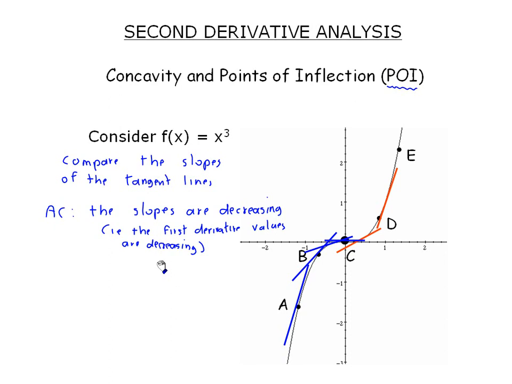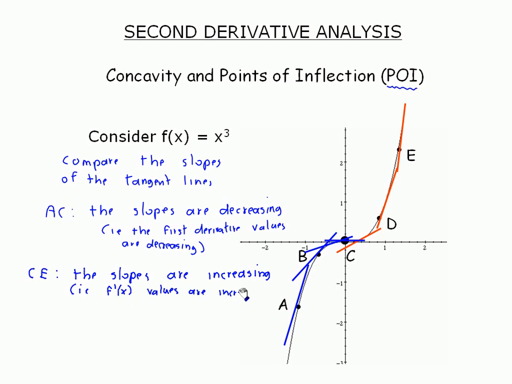It's positive, and then past D, it continues to increase, and then finally towards E, it's even steeper. So in the interval from CE, the slopes are increasing. So that is f prime at x values are increasing.